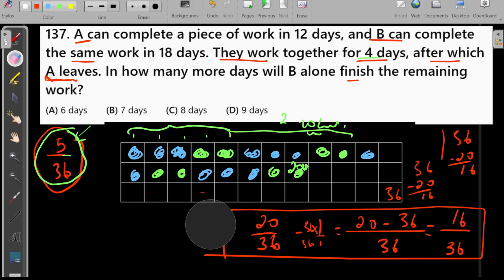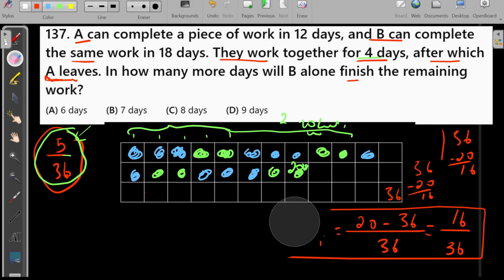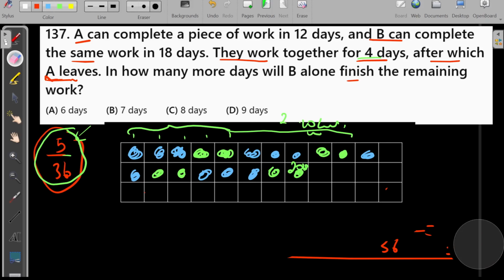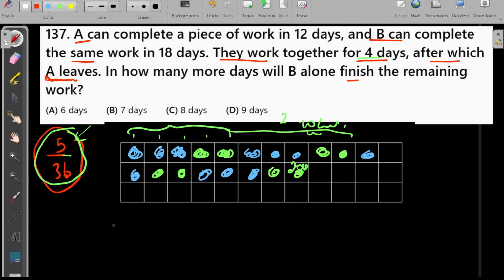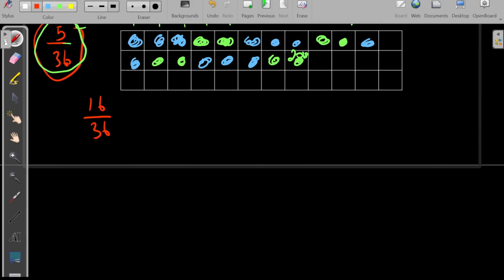Now we need to find the number of days of work done by B. We know that the remaining work is 16 over 36. In order to find how many days B takes alone, we can simply divide those values. We know that from the question, B's 1 day work is 1 over 18. So I can simply divide with this value.